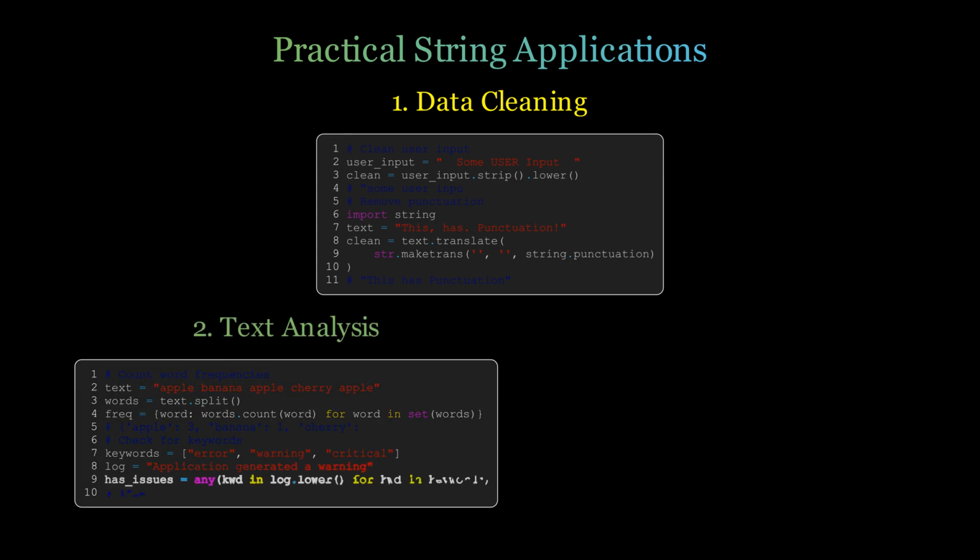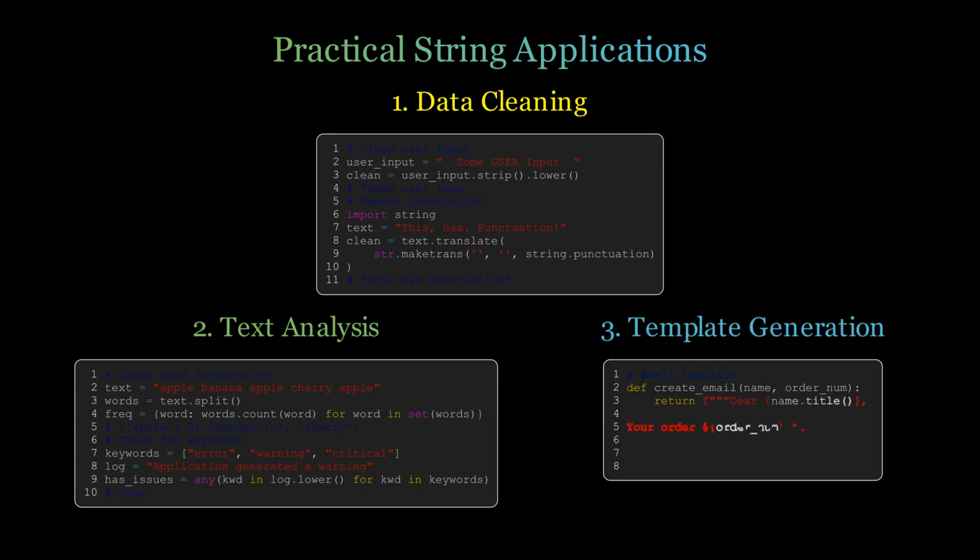Second, text analysis. Splitting strings into words enables frequency analysis. Substring searches help identify important keywords in logs or documents. Third, template generation. Multi-line F-strings are perfect for creating personalized emails, reports, or other templated content with dynamic values.